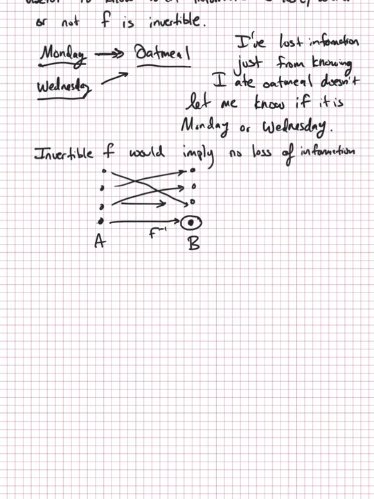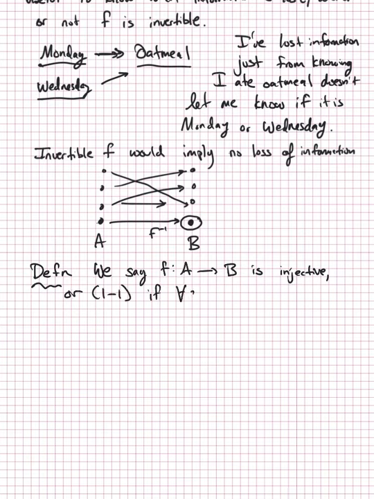So let me just give you a definition now. I've been kind of saying it over and over, but I'm making it formal. So we say f from A to B is injective, or 1-to-1, if for every pair of elements in A. This is going to be my useful notation, which I don't think I've done before: this is for all, or for every.